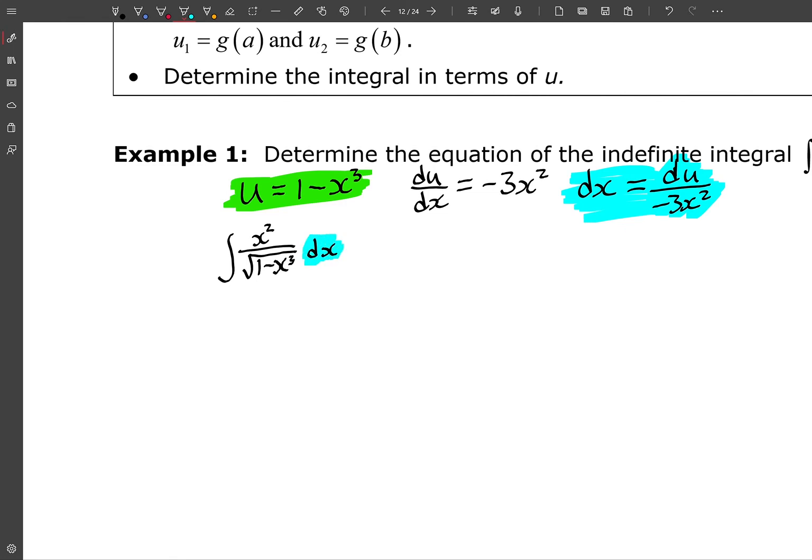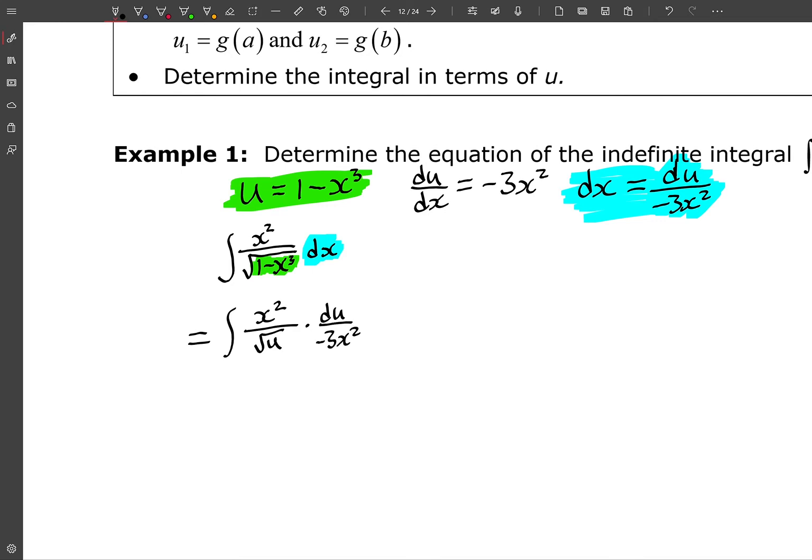So in other words, I want to replace that, and I want to replace that. Okay, check it out. This becomes the integral of x squared over the square root of u, and then I replace my dx with du over negative 3x squared.